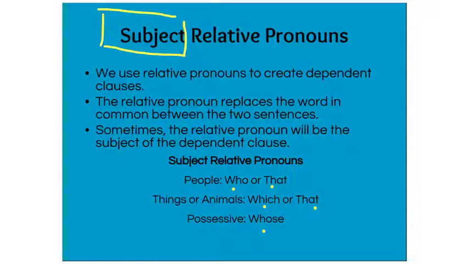And so the relative pronoun is the word that is going to be used instead of the noun that is the same in the two sentences that we're combining. So when we're talking about people, the subject relative pronouns are who and that. If we're talking about things or animals, which or that. And possessive, whose. Possessive meaning something or someone belongs to someone else or something else.